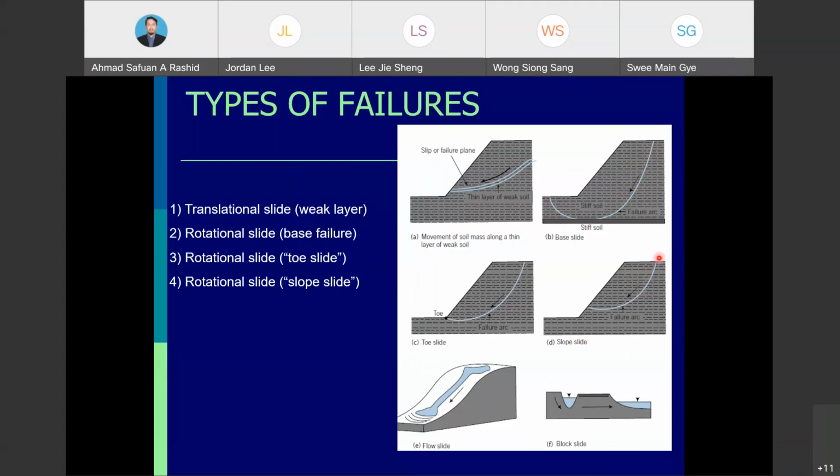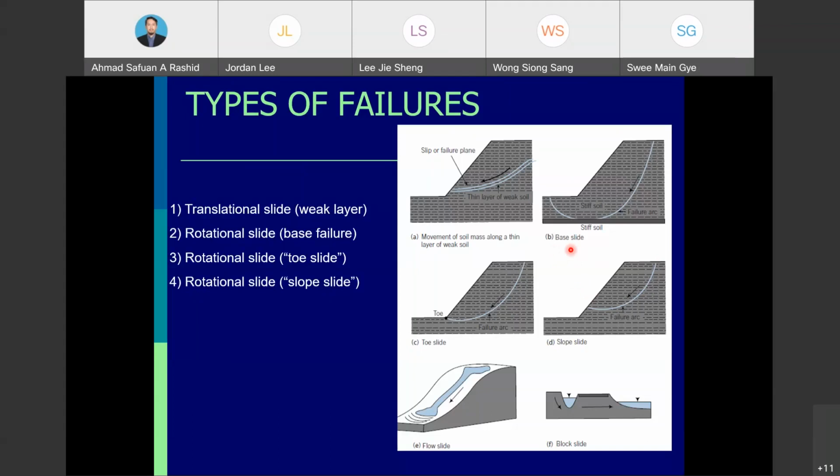For example, if the slope is not filled, it's very difficult for us to determine where the potential failure will happen at the slope, unless we do a lot of analysis. From there we can determine where the optimum factor of safety value is.